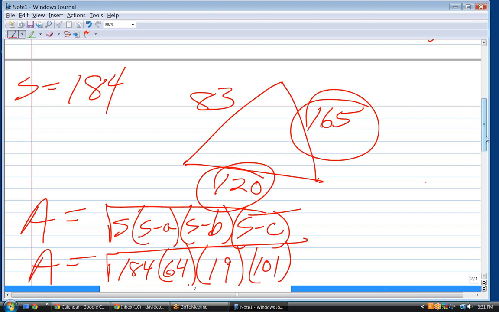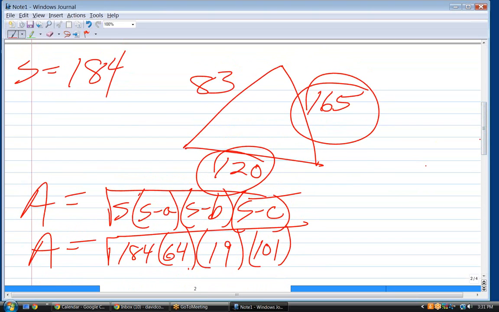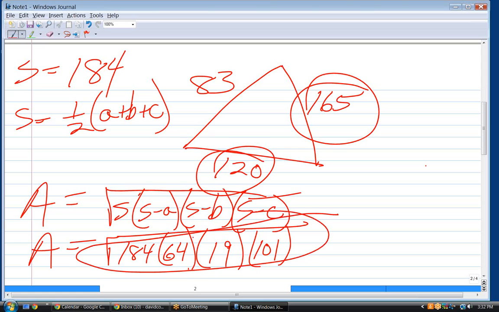So it's the square root of the product of those, where S is equal to 1/2 of A plus B plus C. Whatever that number is, stick that into your calculator, and what's the square root of that? 4,753.